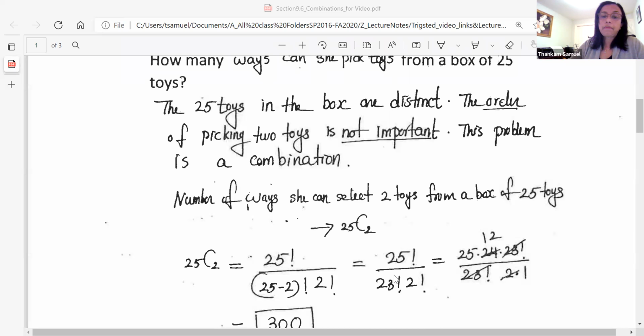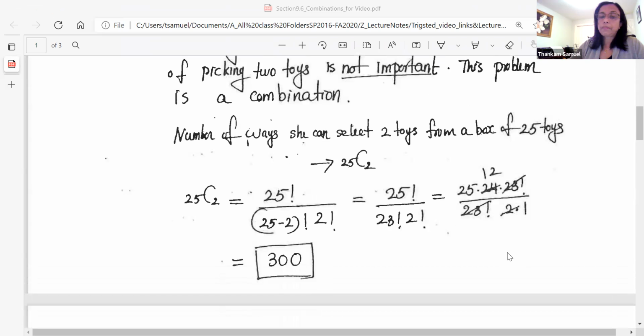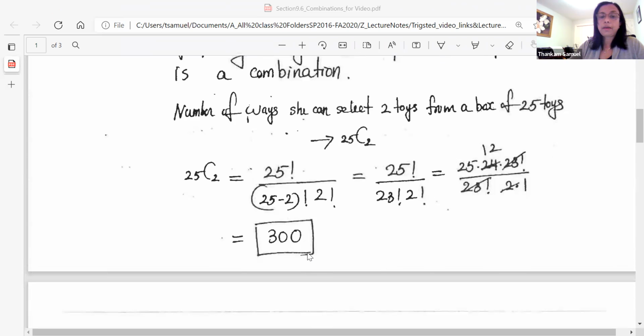Now we can write 25 factorial as 25 times 24 times 23 factorial over 25 minus 2, which is 23 factorial, times, we can rewrite 2 factorial as 2 times 1. When we simplify this, we'll get 300. So the number of ways she can select 2 toys from a box of 25 toys is 300.